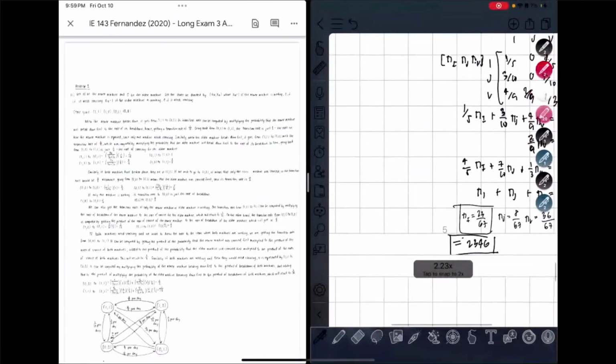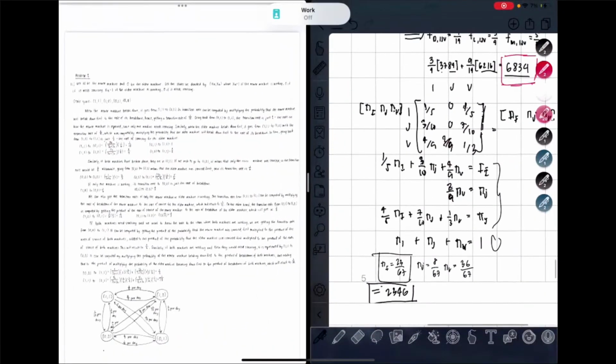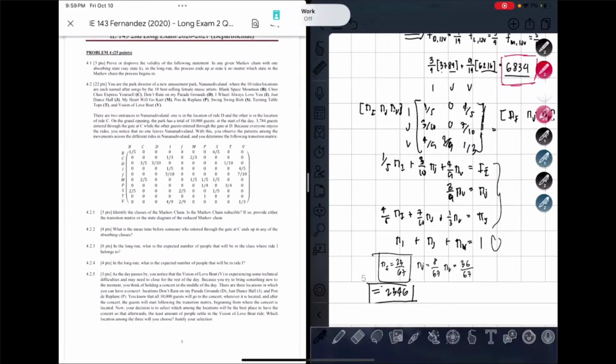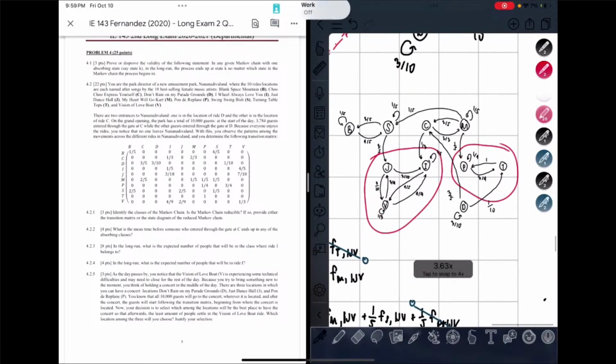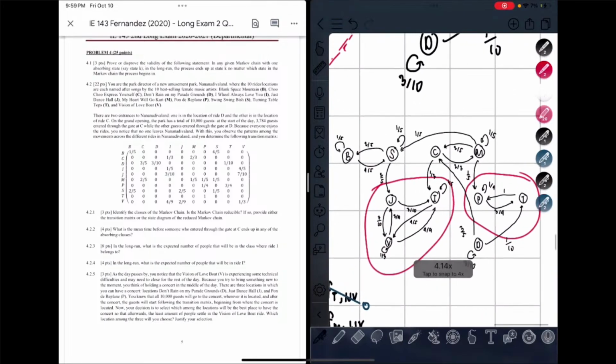So, this does not require solving, it just requires some intuition. The problem here is State V. We want as few people as possible to go to State V. The problem presupposes that when you hold the concert, they will go to the concert wherever it's located.